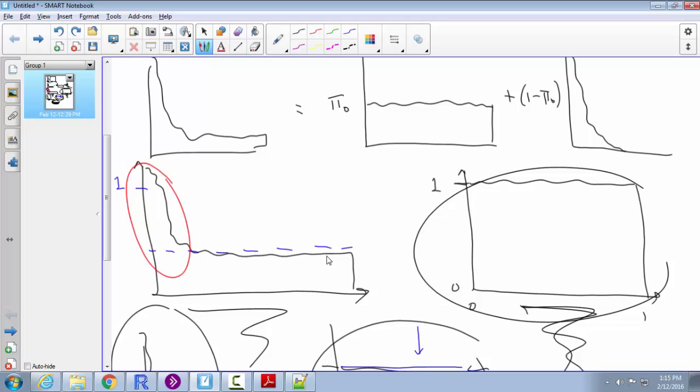And it turns out that the actual height of this thing is an estimate of that pi 0.